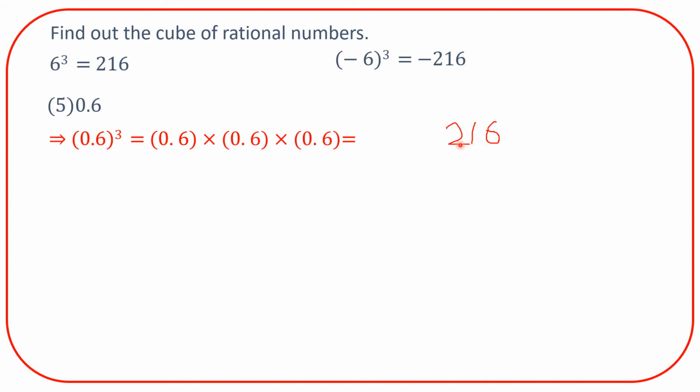After 2 there is a decimal point. We put here the decimal point. The integer is 0. The answer is 0.216. Write down the answer.